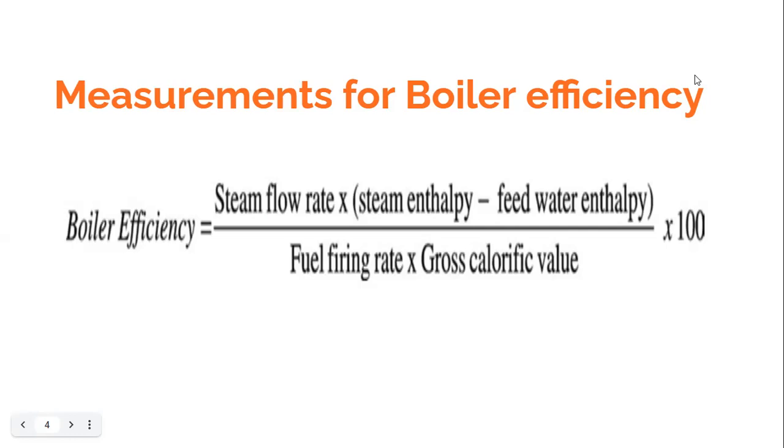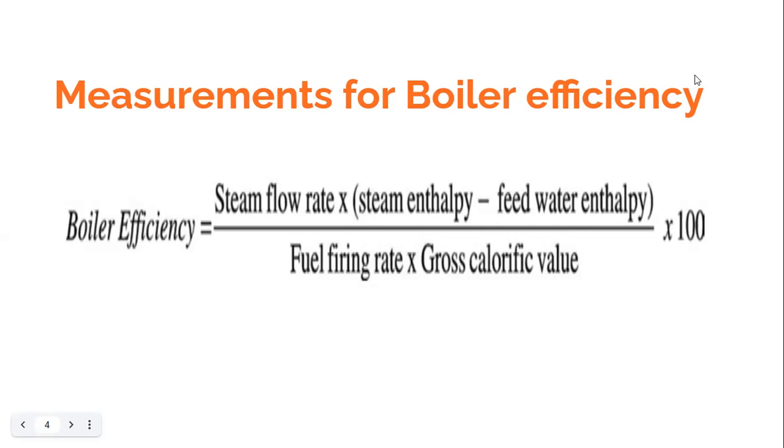In order to estimate the steam enthalpy, we said that we need to measure the boiler pressure and the steam temperature. And the feed water temperature has to be noted for the feed water enthalpy. By taking these observations, we can calculate the boiler efficiency.